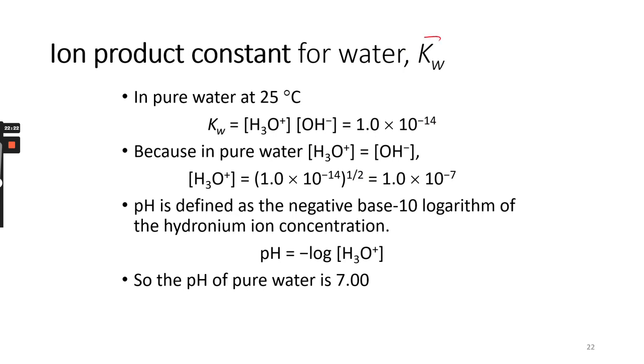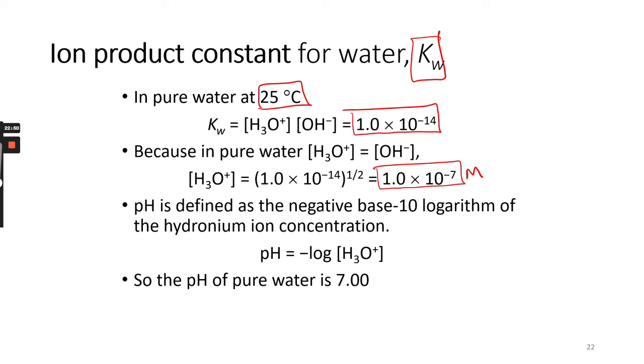Again, this Kw is just like Kc that we calculated in chapter 15. We just put the W here because it's for water. It will always be hydronium times hydroxide, and if it's at 25 degrees C, it'll always be equal to 1 times 10 to the minus 14. In pure water, the concentrations are equal to each other, and they will each have this molarity.